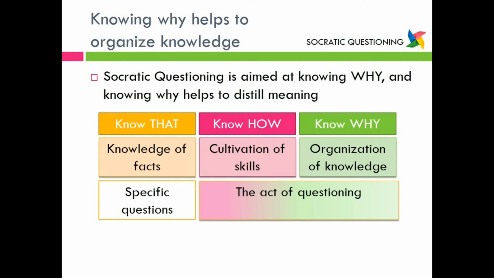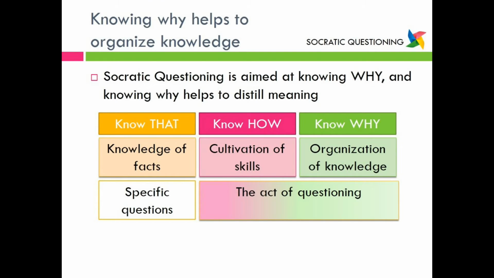Beyond know-how and know that, however, is another distinct form of knowing which incorporates elements of both know that and know how. And it is the notion of know why. For instance, we might want to ask, do we know why people have so much difficulty getting along?